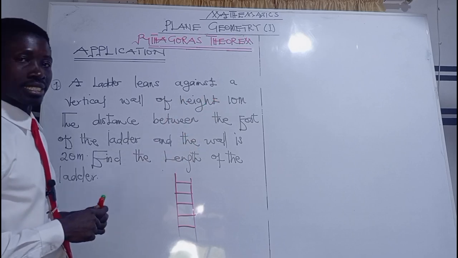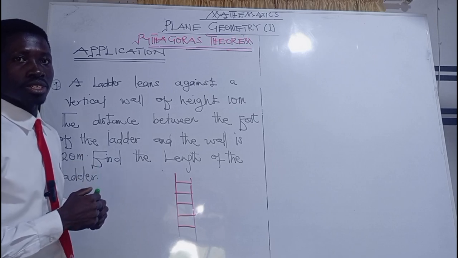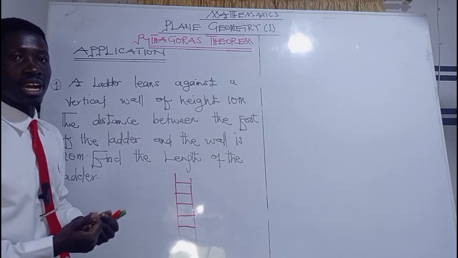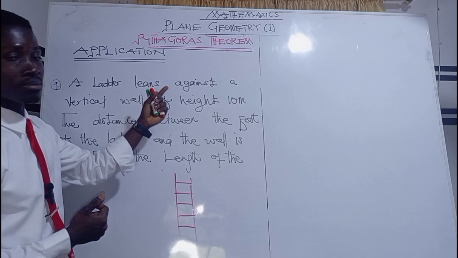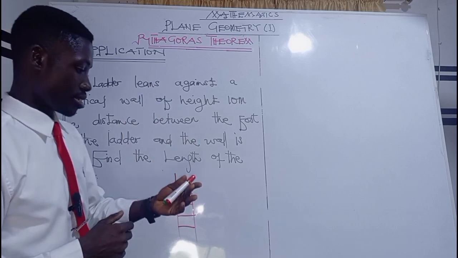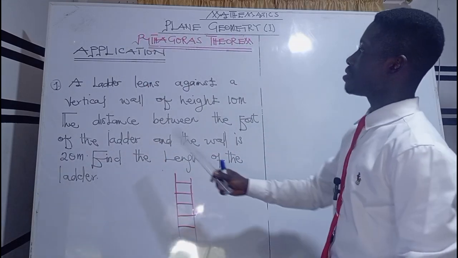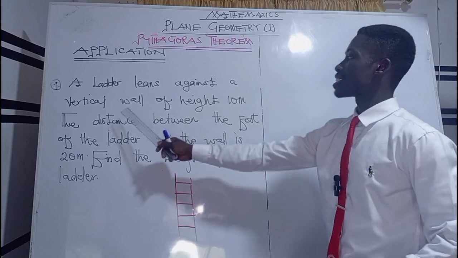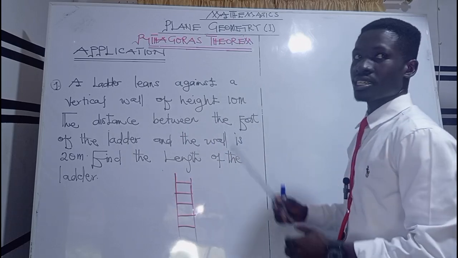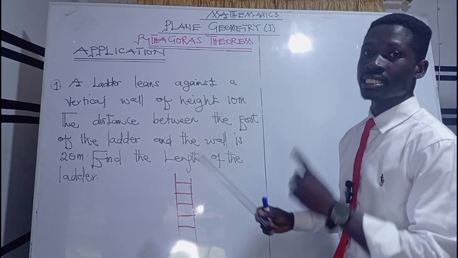of height 10 meters. So before we start solving it, let's sketch the diagram. We always sketch the diagram involving a Pythagoras theorem before we start solving it. Okay, so let's sketch the diagram. So we have a ladder leans against a vertical wall of height 10 meters. So it means that the vertical wall has a height of what? 10 meters.